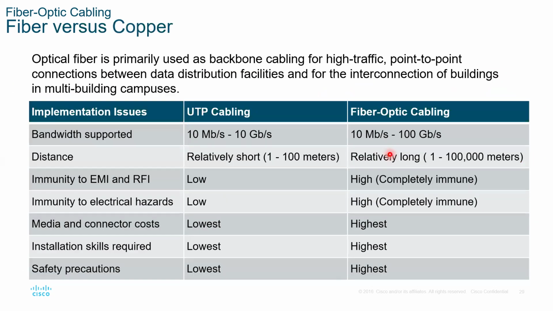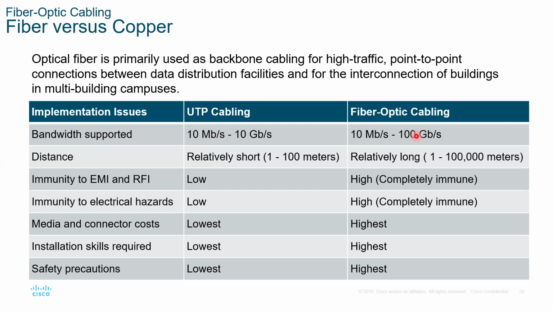Right, fiber versus copper. I think this comparison is very important so that you understand which cable to use for specific applications. In terms of bandwidth, UTP gives 10 gigabits per second, then fiber goes up to 100 gigabits per second. It means fiber can accommodate more traffic than UTP.